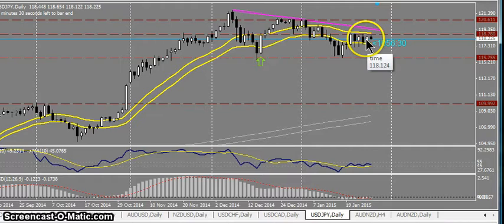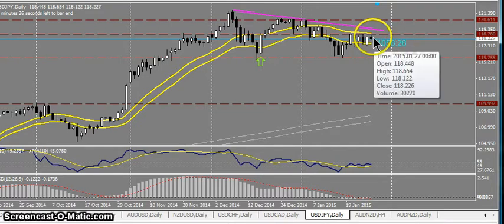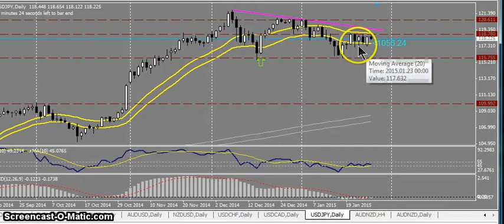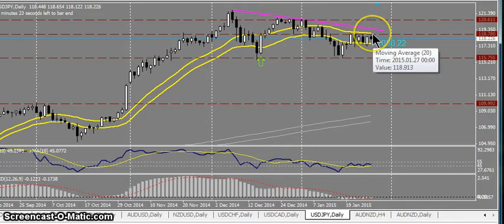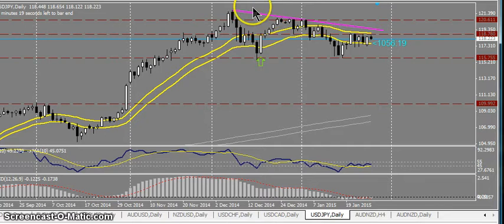It's just trading sideways. Until it breaks below the bottom yellow line or breaks above the upper yellow line and the trend line, which I've already drawn in, we really won't know which way the market is heading.